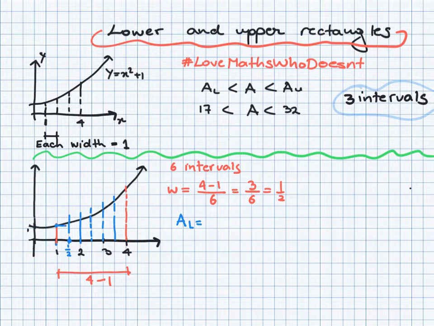Then we draw a line across and create one rectangle. The same happens for the interval between 1.5 and 2: the minimum value is at 1.5, a line across, another rectangle. Then at 2, and across, at 2.5, and across, at 3, across, and at 3.5, and across.